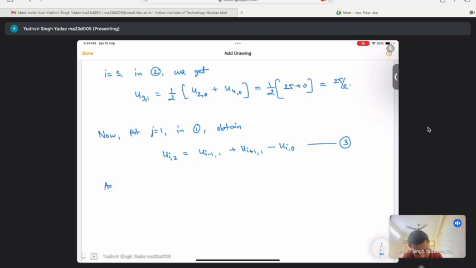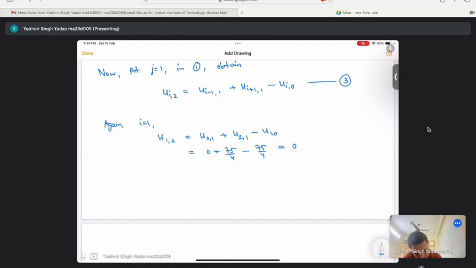So here again, we will take i equals 1. So it will be u(1,2) equals u(0,1) plus u(2,1) minus u(1,0). It will be 0 plus 75 by 4 minus 75 by 4, which is nothing but 0 itself.